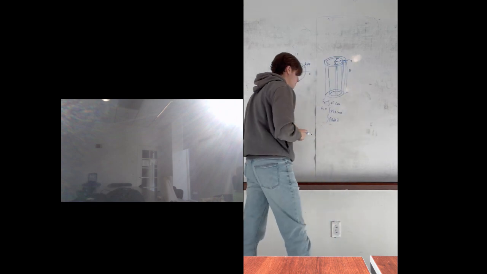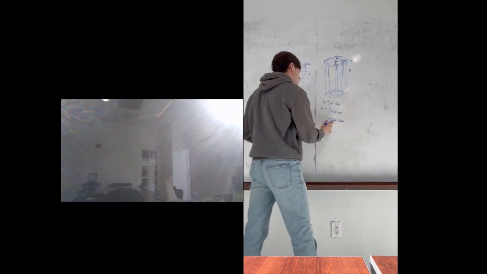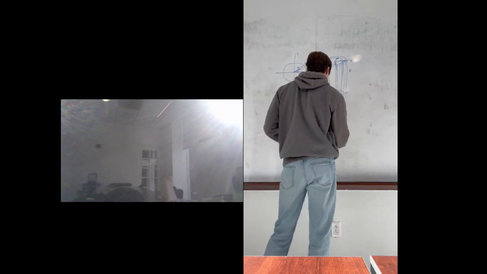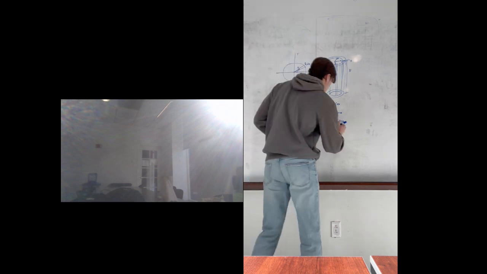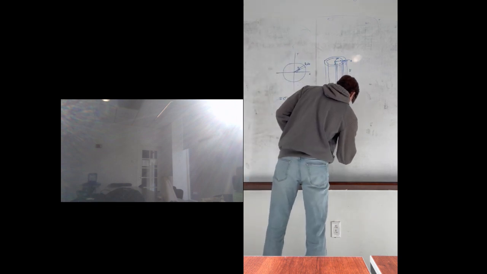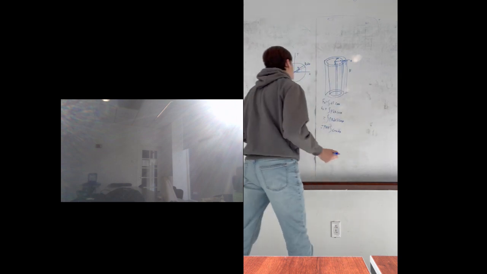We can already see that some of these terms can be pulled out of the integral. I'm going to pull those out: the pressure, our radius, and our height can all be taken out because those are all constants. So now all we have is cosine theta d theta, and now we need our limits.